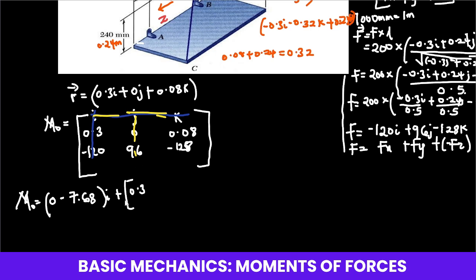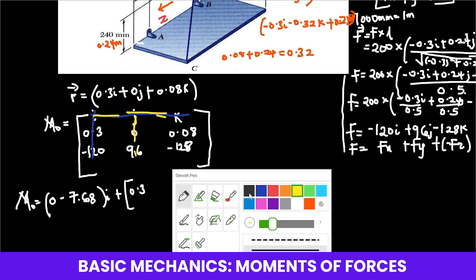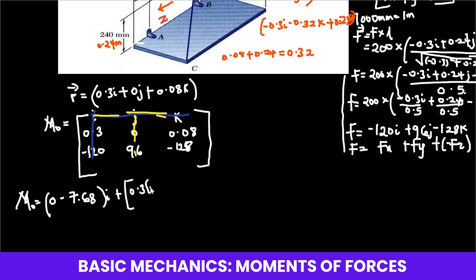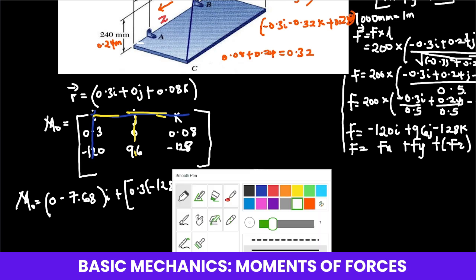Do you understand? So at this point, we're going to have 0.3 multiplied by negative 100 and 128 over here. Then minus, then once you have the minus here, don't forget there is another minus again, right? So minus 120 multiplied by 0.08 over here. Then now we are having our J. Then lastly, we're going to use our K in green form.